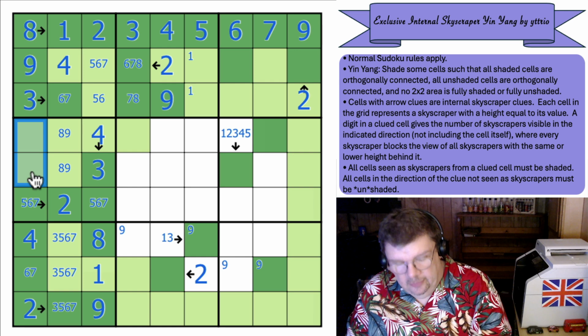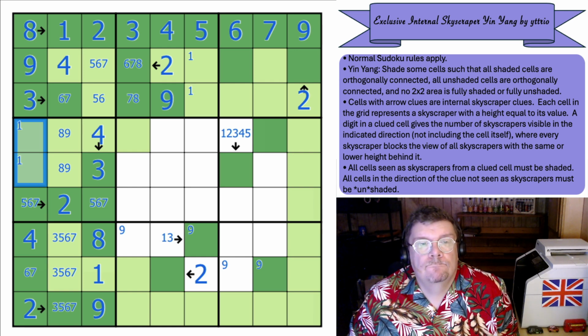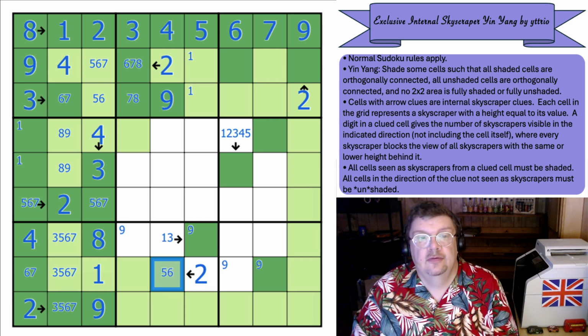So 1 is in one of those two. Right, this can't be a 1, can't be 2, can't be 3 because that'll be bigger than it, can't be 4, that must be 5 or 6.